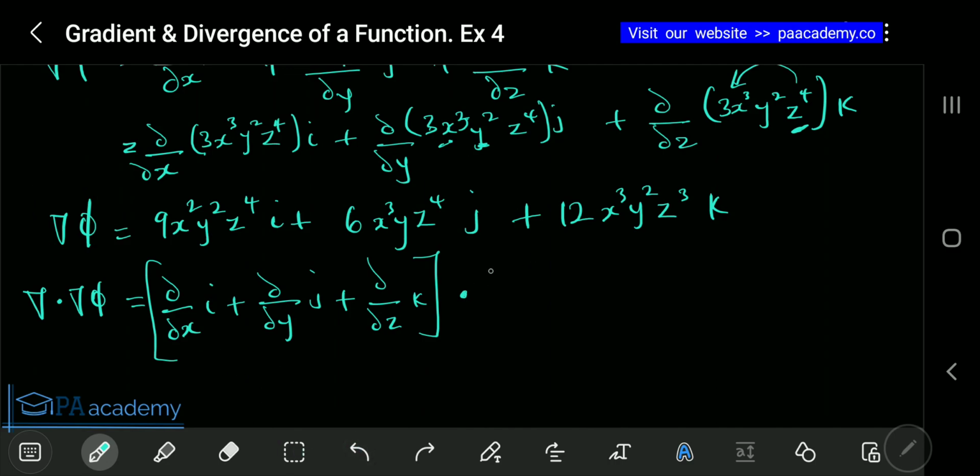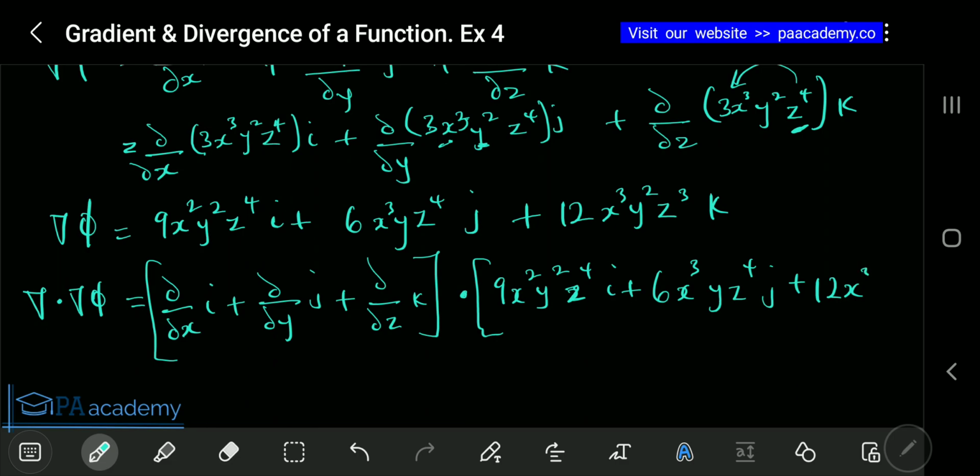So that means we are going to be having 9x squared y squared z raised to power 4 i plus 6x raised to power 3 y z raised to power 4 j plus 12x raised to power 3 y squared z cubed k. So let me just put that in square brackets.